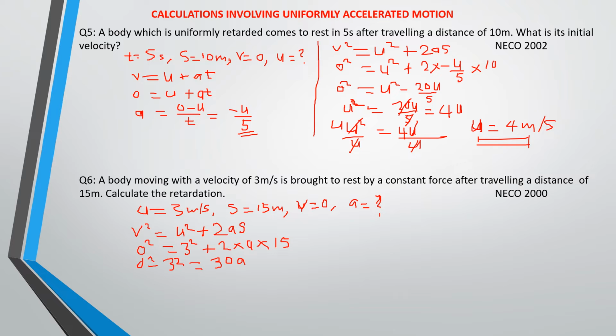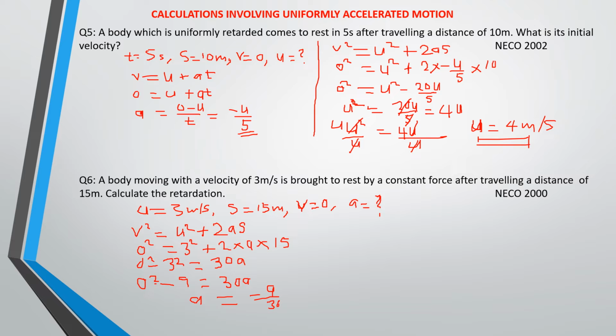So you have that 0 squared minus 9 is equal to 30a. Now you can make a the subject of this formula. So a will be equal to minus 9 all over 30.